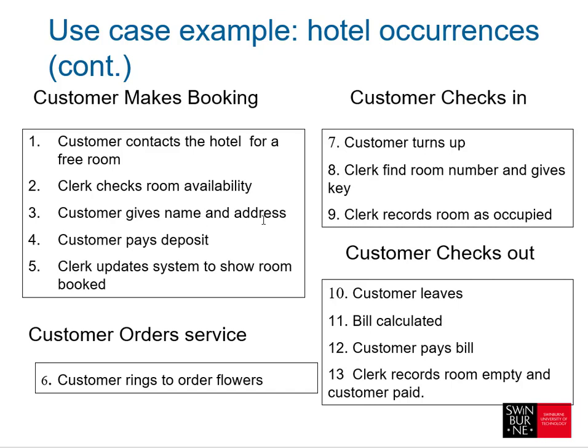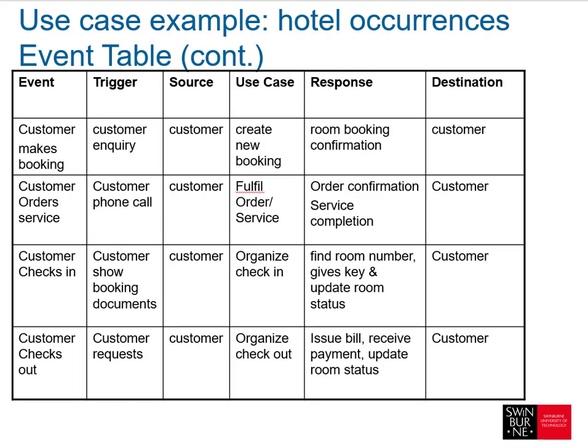So I can highlight or record all these occurrences in one single box, grouped together, and then I have named each box as a use case. So I can put that into an event table, something like this.